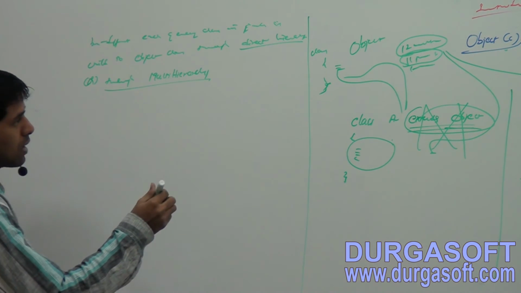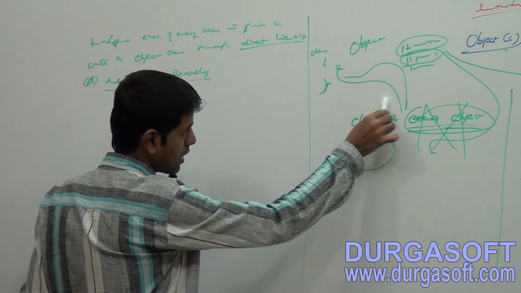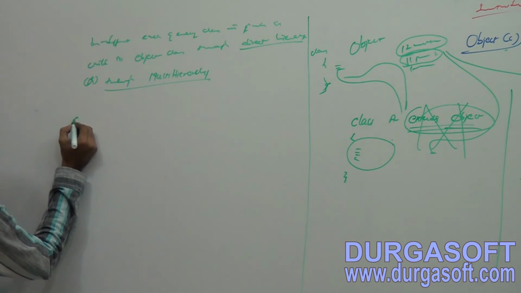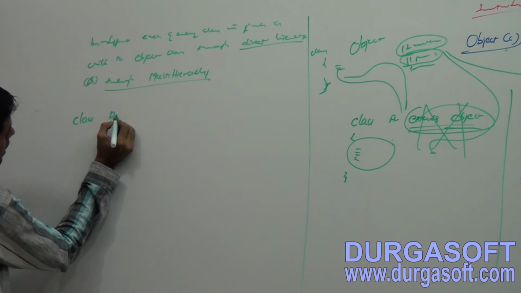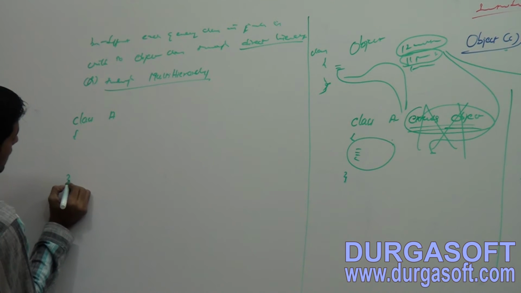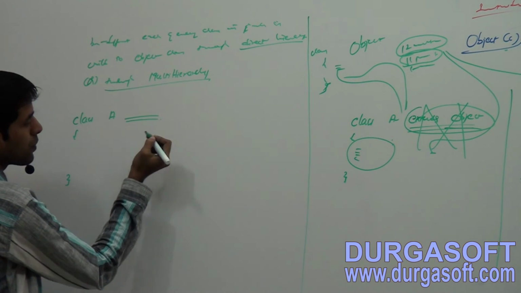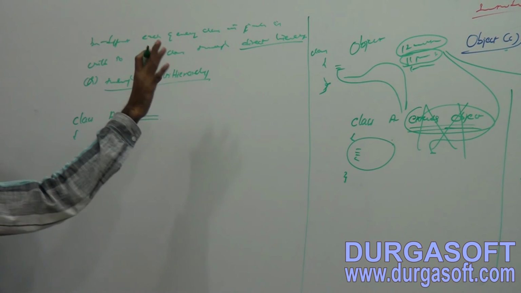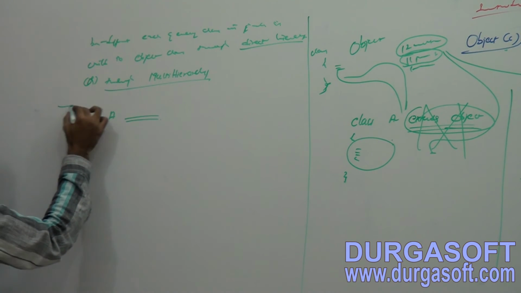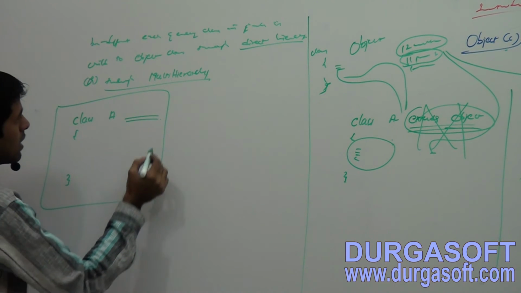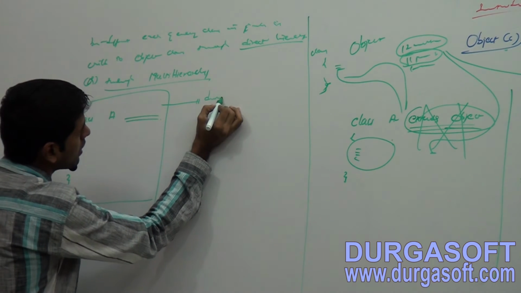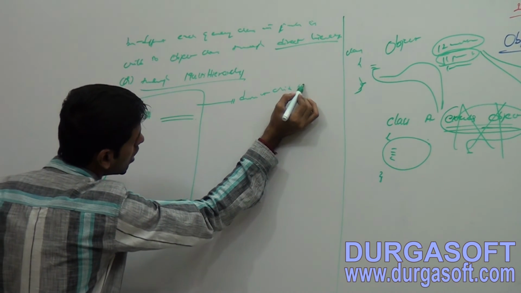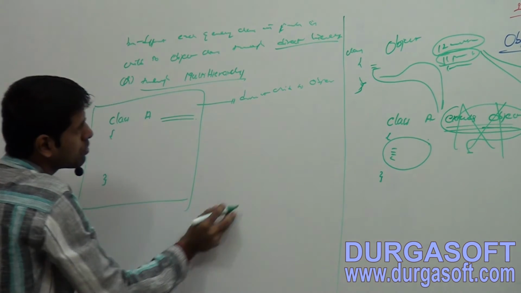Now observe here. If any class doesn't extend any other class, then this class is a direct child of the Object class.